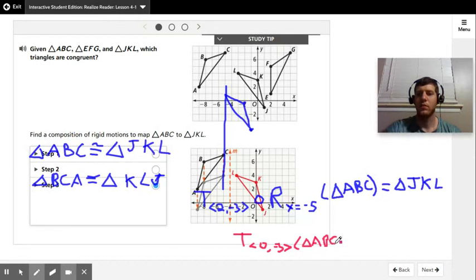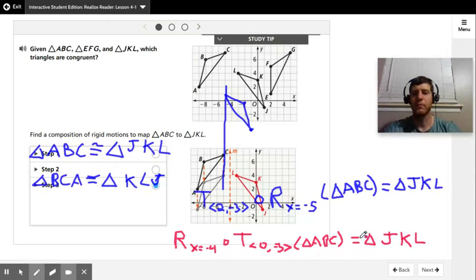They translated triangle ABC down 3, and they took that translation and reflected over the line x equals negative 4, and that got them triangle JKL. So numerous ways to do this.